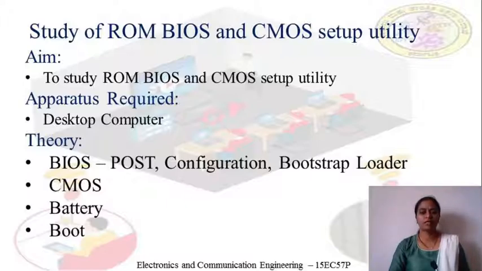So which are the different hardware components it checks? It checks CPU, it checks system timer, it checks video display cards or memory or hard disk drives, keyboards, all these basic hardware system which is being connected to your computer will be checked. Now, if there is any error, it has to be reported.